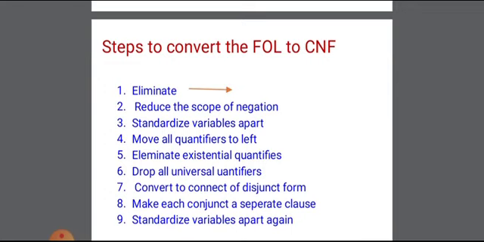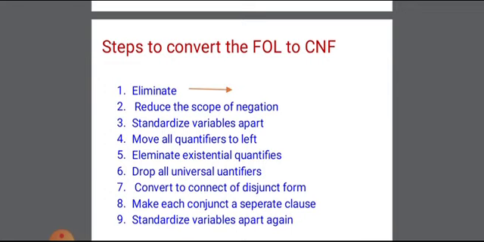The fifth step is to eliminate all the existential quantifiers. Whatever existential quantifiers are there in our statements, we have to remove them. The next step, the sixth one, is to drop all universal quantifiers.